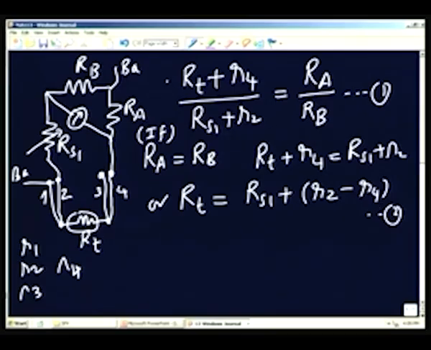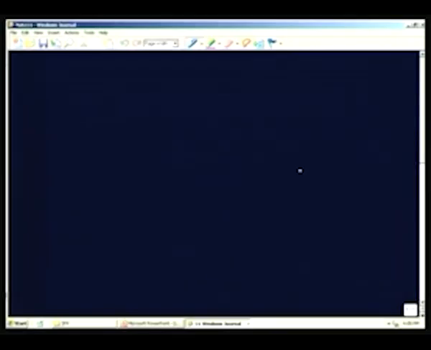Now, let us look at the second arrangement, where I will have the same two resistances, no change, and here I am going to change the terminals, this is RT.